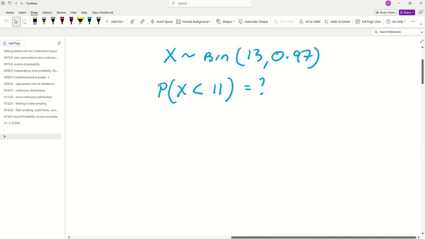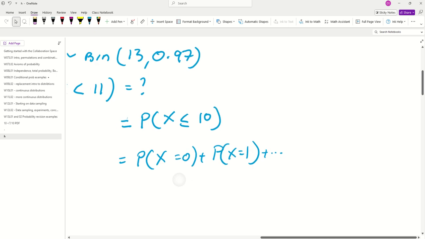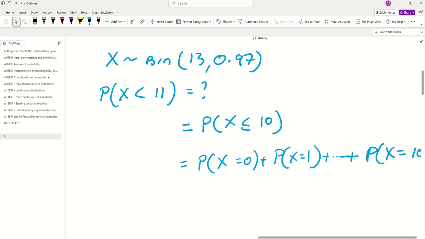This is equivalent to, because we have a discrete probability distribution, P(X ≤ 10), which is equal to the sum of P(X = 0) plus P(X = 1) plus and so on, plus P(X = 10), right?